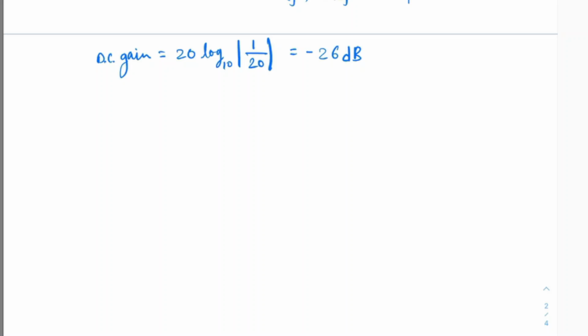So now let us draw the phase plot and magnitude plot.